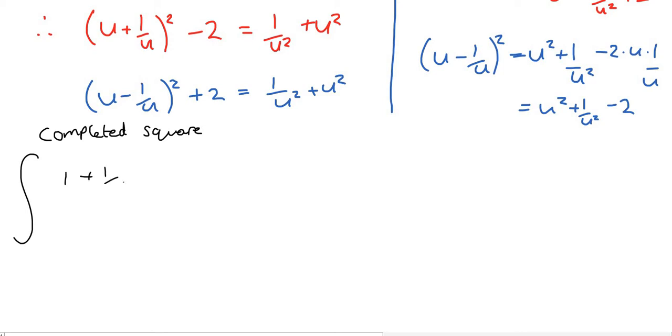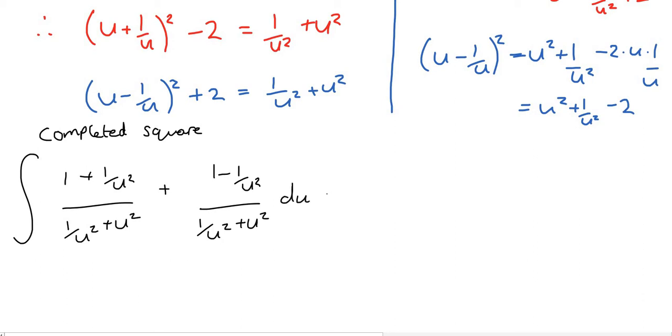So we've now got 1 plus 1 over u squared over 1 over u squared plus u squared, and 1 minus 1 over u squared over 1 over u squared plus u squared du. Now let's change our denominators into what we found with the completed square.